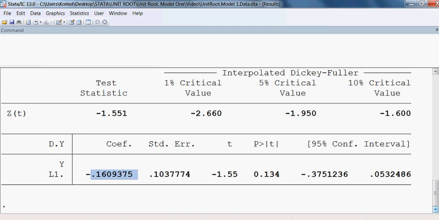And all models are telling the same thing, that the y variable has unit root, meaning that our variable has unit root, or the variable is not stationary.